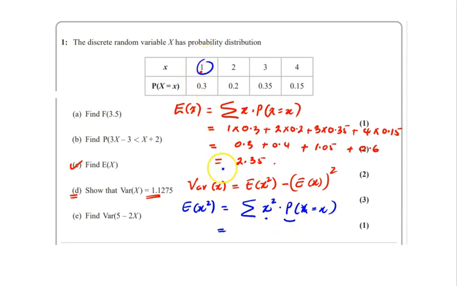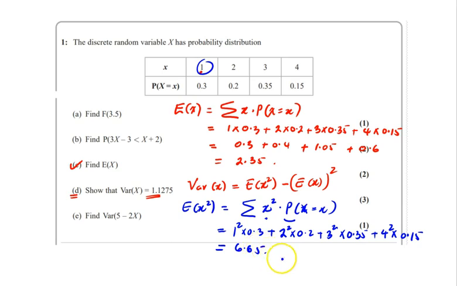You have 1 squared multiplied by its probability, 0.3, plus 2 squared multiplied by its probability, 0.2, plus 3 squared multiplied by its probability, 0.35. Then you add 4 squared multiplied by its probability, 0.15. When you press your calculator, you end up with the expectation of x squared as 6.65.